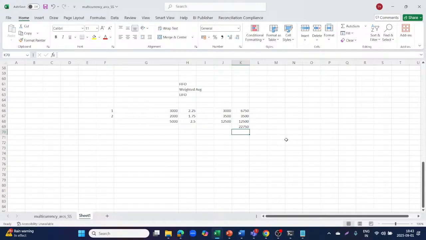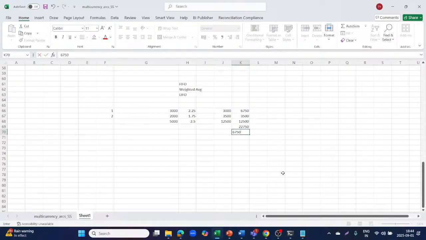In this case this is your ending inventory, and cost of goods sold is 6750. That means whatever is the cost of goods sold, that will be 6750. If you total all your cost, that's your cost. So ending inventory is now 16000.